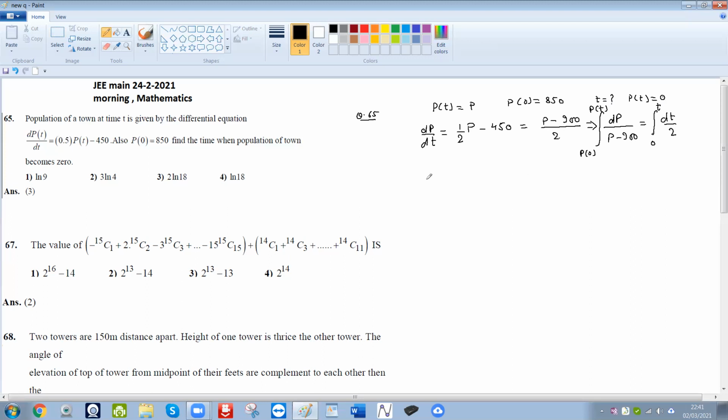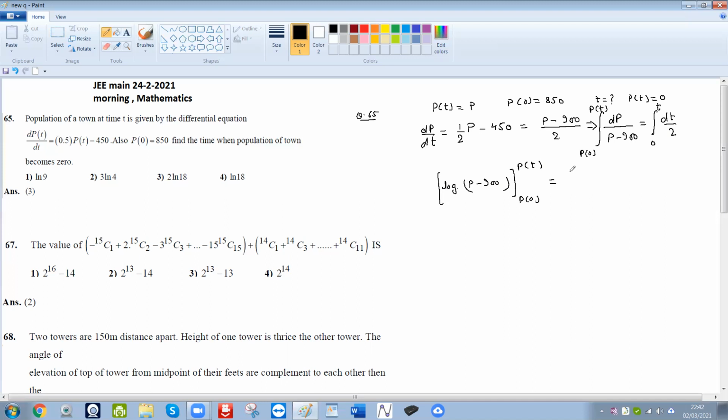So integrating left side, I will get log of P minus 900 and it varies from P0. I can directly put the value of Pt to be 0, but let's put that value in last step. That will be easier to understand.